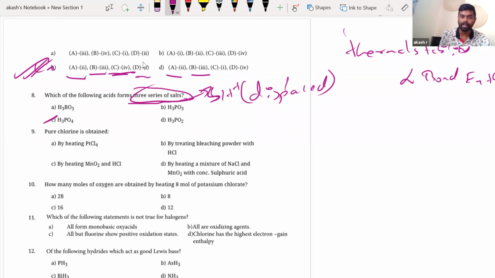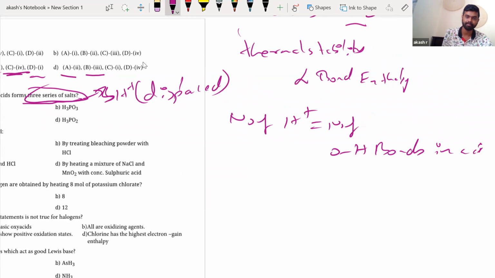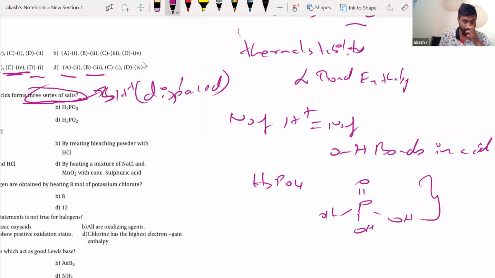Please understand, number of H plus is equal to number of OH bonds in the acid. If you check H3PO4, P double bond O, OH, OH, OH. This would be the structure for H3PO4. Now you see 3 OH bonds are there, so 3 H plus can come out.